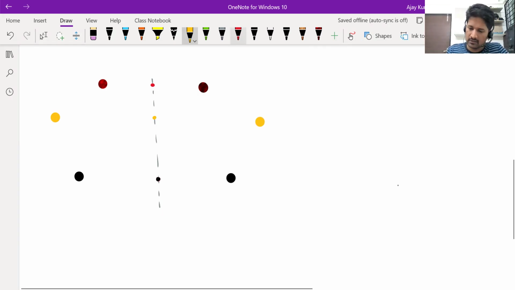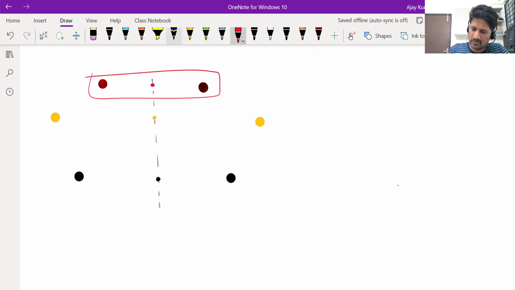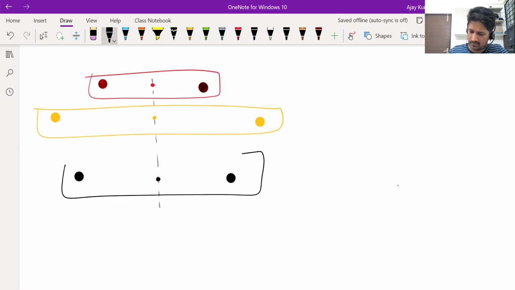This is one system, this is one system, and this is one system. And how do you find out the center of mass of a combination of systems? You treat each system as a single particle placed at its center. So the center of mass of all 6 particles together is nothing but the center of mass of these 3 particles. And it will lie somewhere on this line.